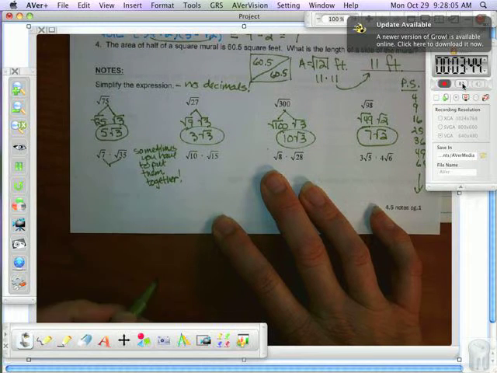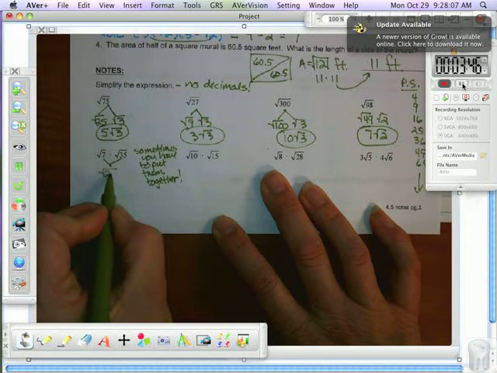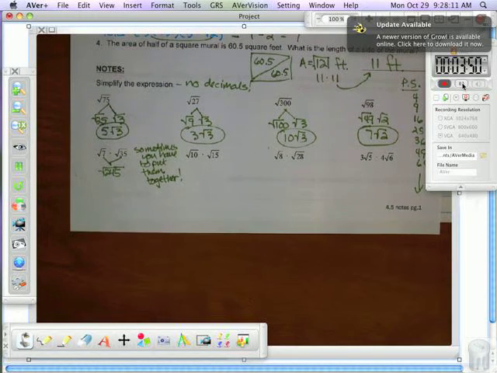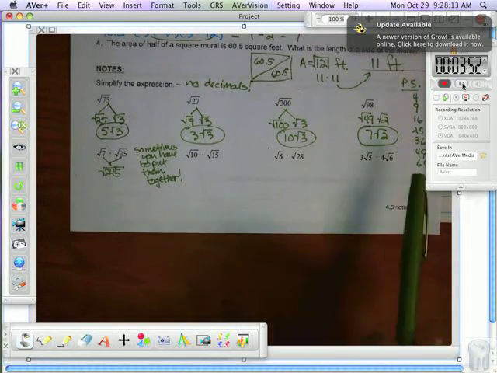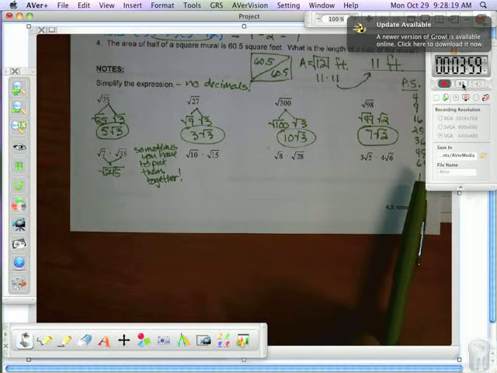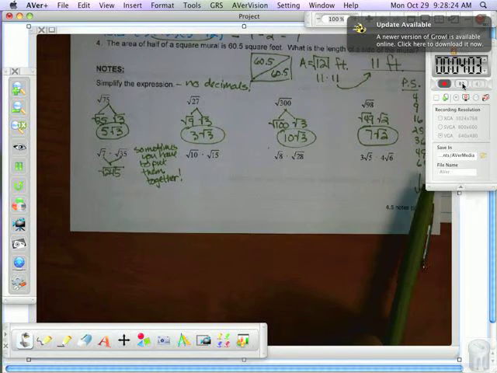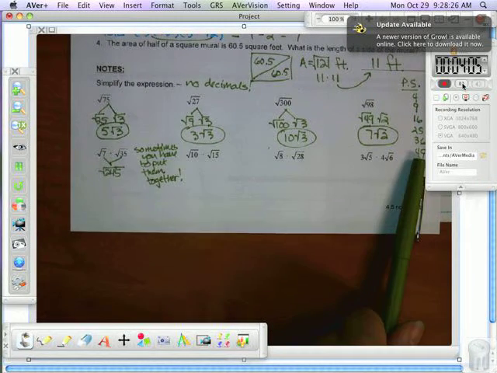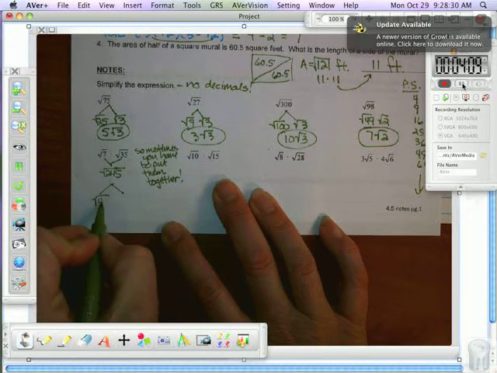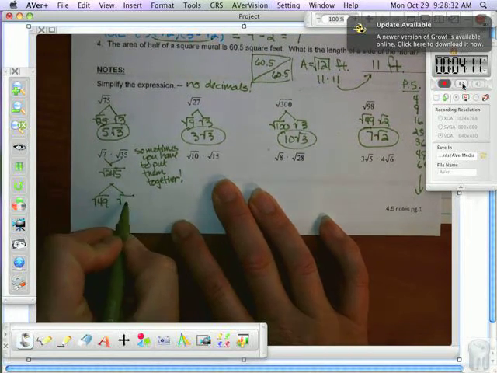And you're saying, yeah, so? Yeah, but 245 has a factor on this list. Does anybody know which one it is? 81's too big. I would keep going. I would then go divided by 64, see if that works. Then I would go divided by 49. Oh, that's it. And then it would be 7 times the square root of 5.